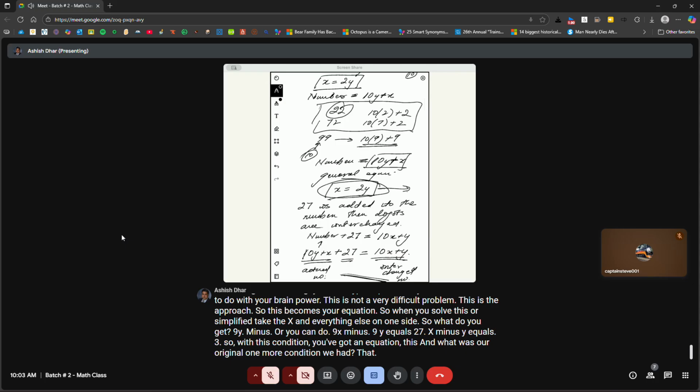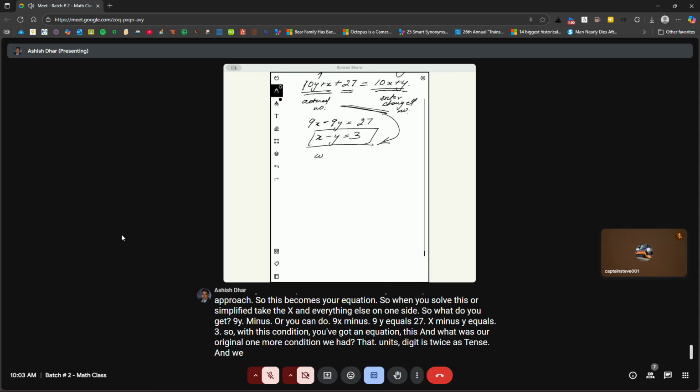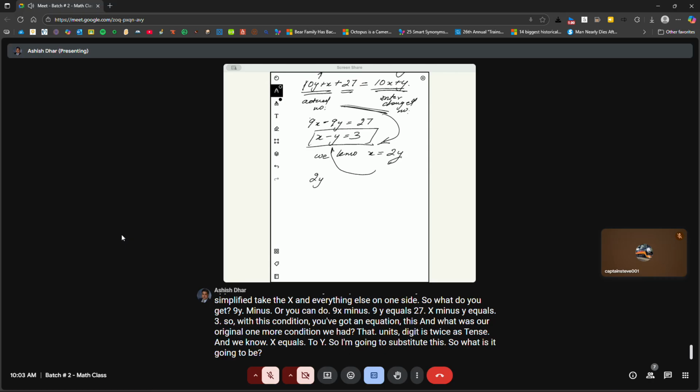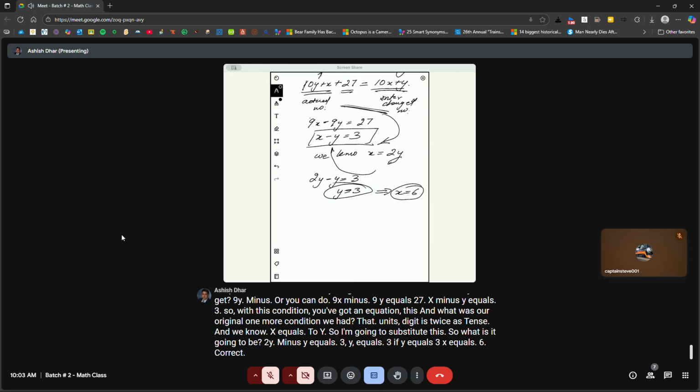That units digit is twice the tens digit, so x equals 2y. I'm going to substitute this. 2y minus y equals 3, y equals 3. If y equals 3, x equals 6.